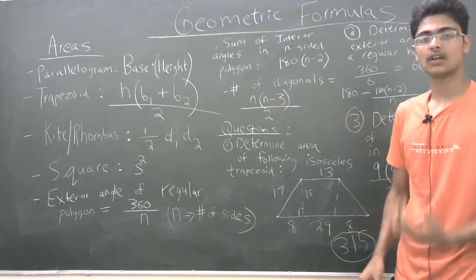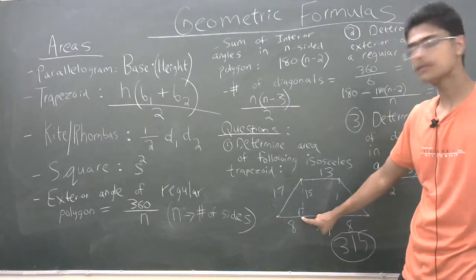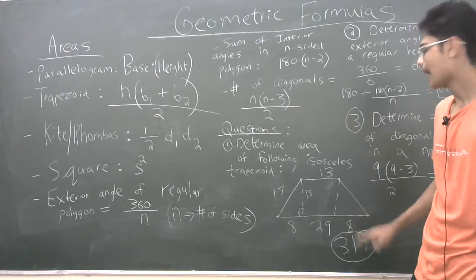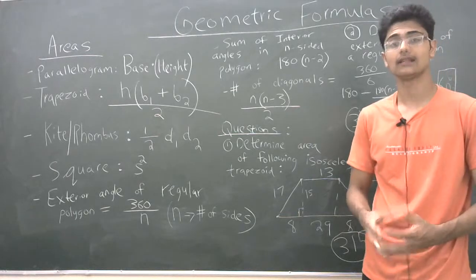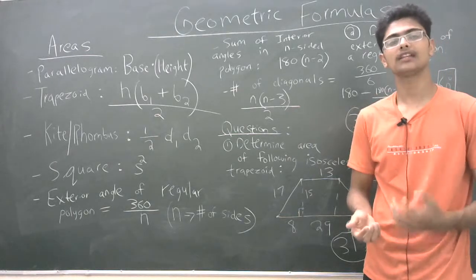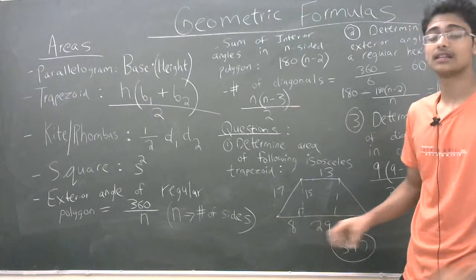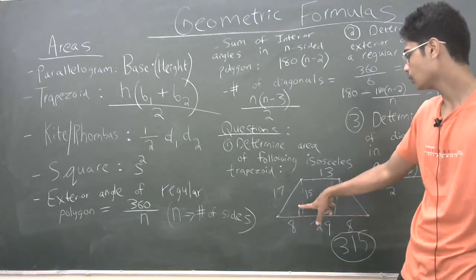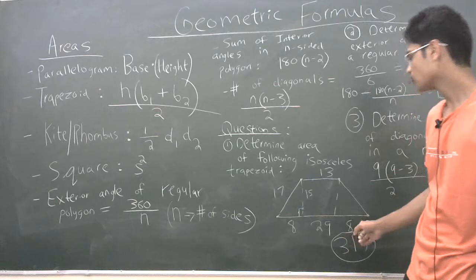Now this being an isosceles trapezoid means that the length from here to here must be congruent to the length from here to here. And so that means that if you have 13, what's 29 minus 13? It's 16. Divide that by 2, you get 8 and 8, which makes sense because, being isosceles, you know that these two triangles must be equal. So if this is 17, this is 17, this is 8, of course this is 8.